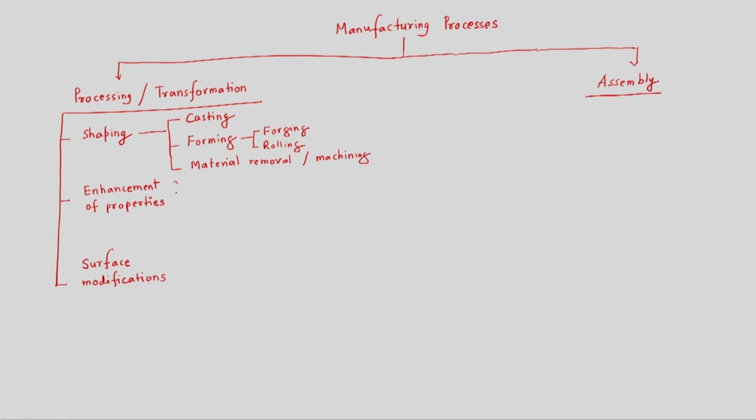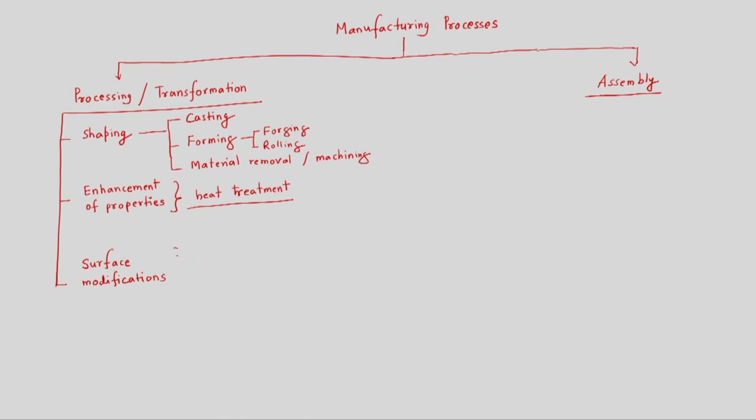So enhancement of properties will be carried out by using the various heat treatment processes, where the hardness can be increased. So various processes are there, such as the annealing operations.